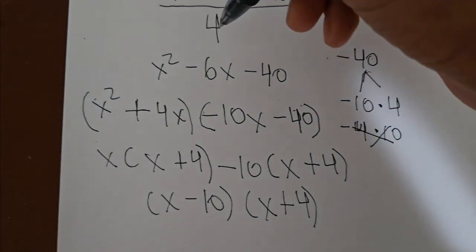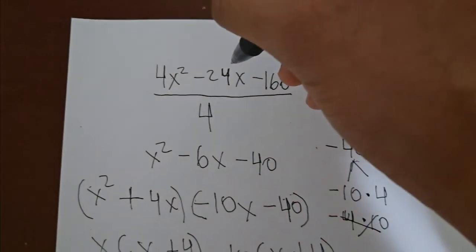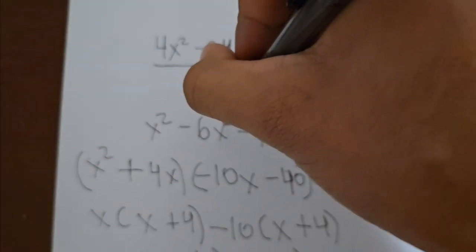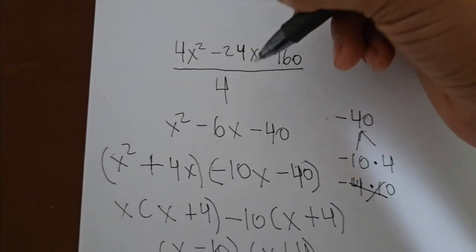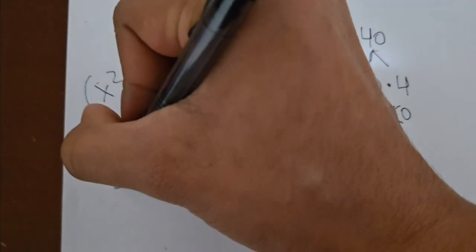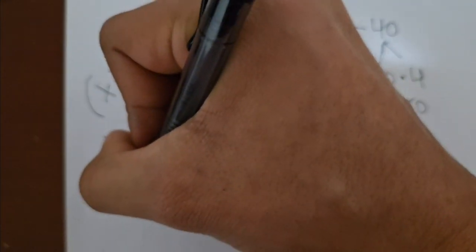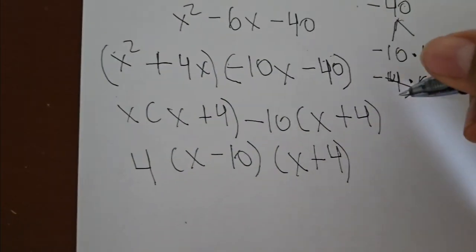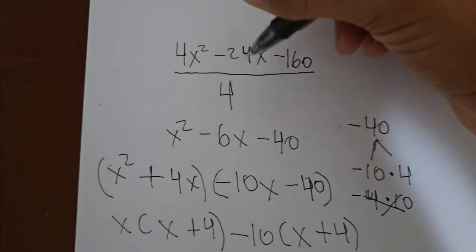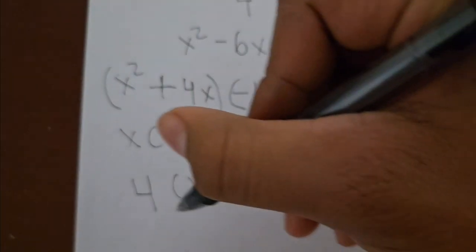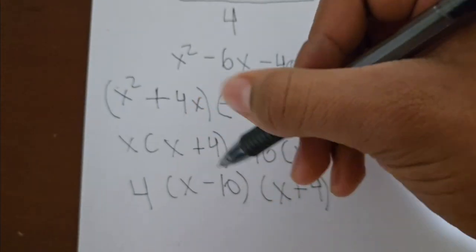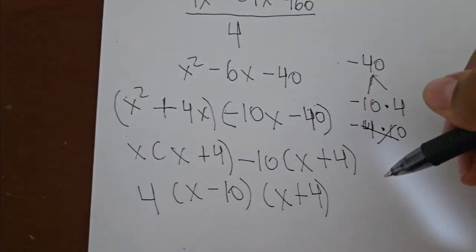But this was not the original equation of factors, so we had to add in the 4 to give us the correct answer, since we first took out the greatest common factor. So this is our final answer: 4 parentheses x minus 10 parentheses x plus 4.